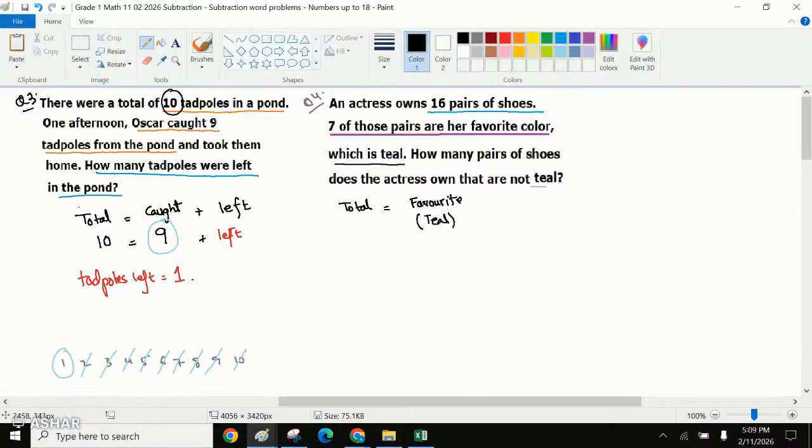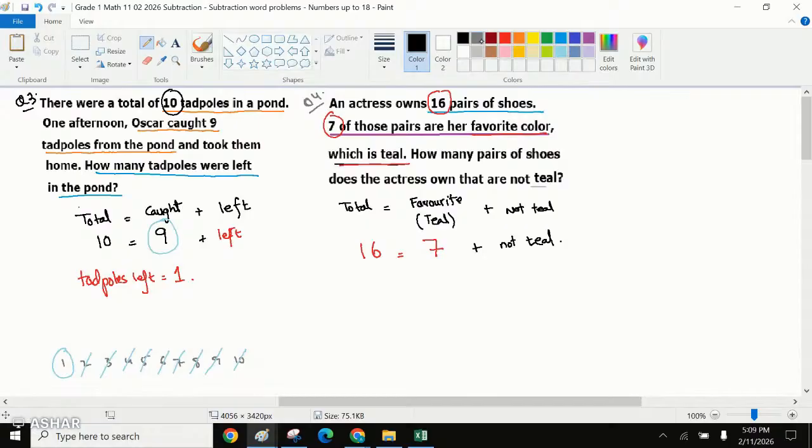If the favorite would be teal, then the remaining should be not teal, some other colors, right? So the total number of pairs she had was 16. 7 of those were her favorite color, which is teal. We have to find which are not her favorite color. So how do we find this?